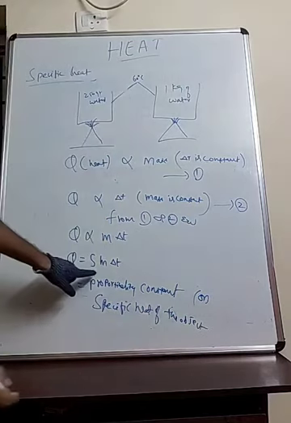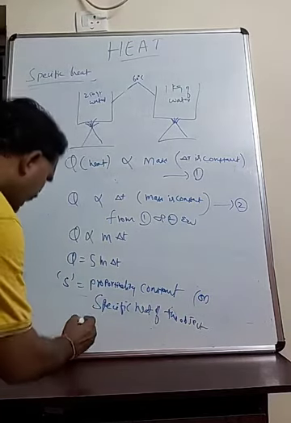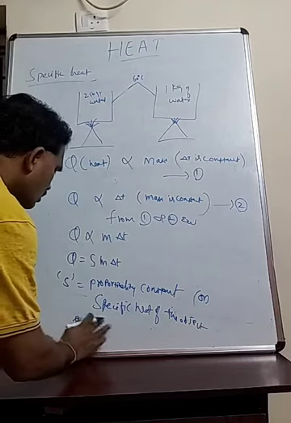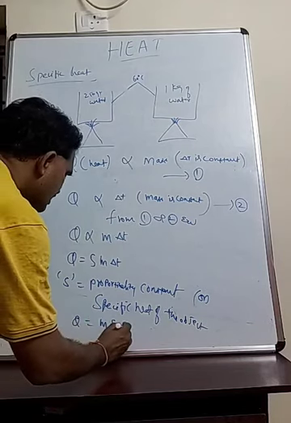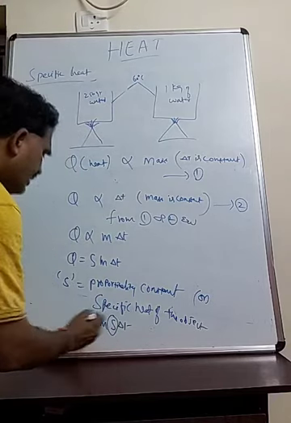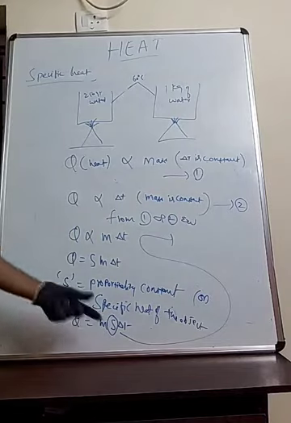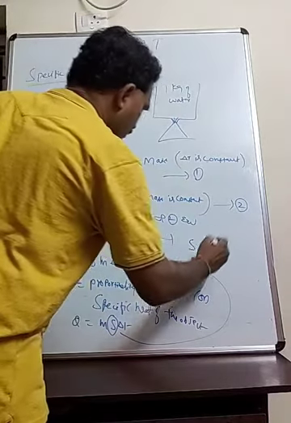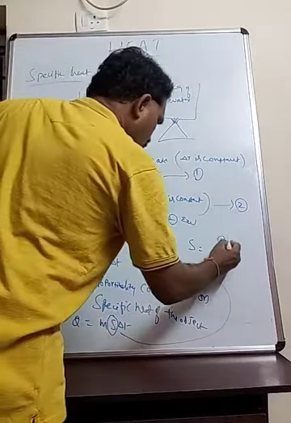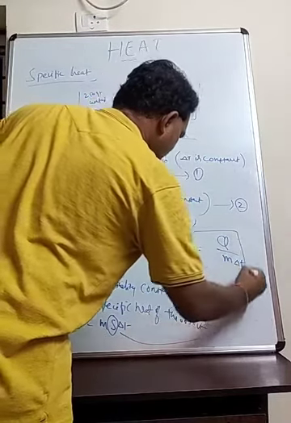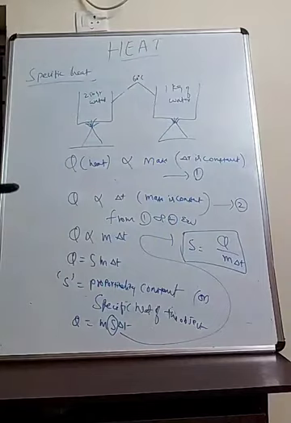As we already wrote, Q is equal to m S delta T. If you take S as the subject, S is specific heat, S is equal to Q by m delta T. This is the formula for specific heat.